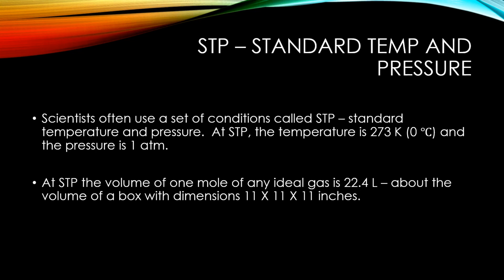So what's interesting is that at STP, the volume of 1 mole of any ideal gas is 22.4 liters. This is about the same volume as a box that has dimensions of 11 by 11 by 11. And it doesn't matter what gas it is as long as it's ideal.